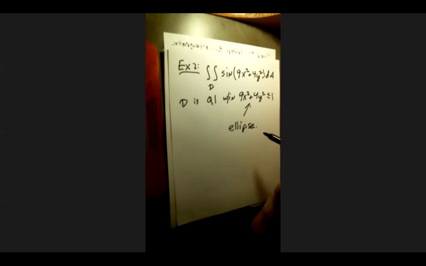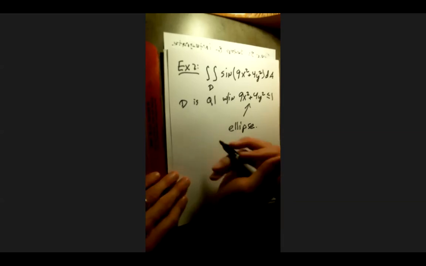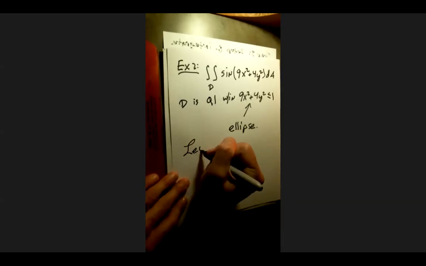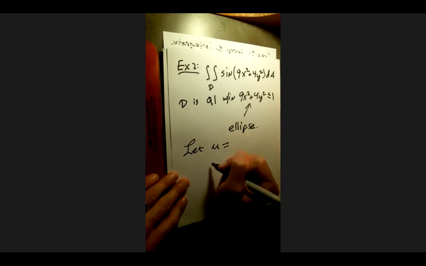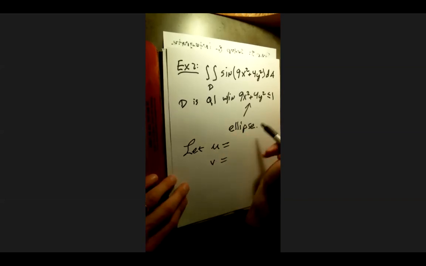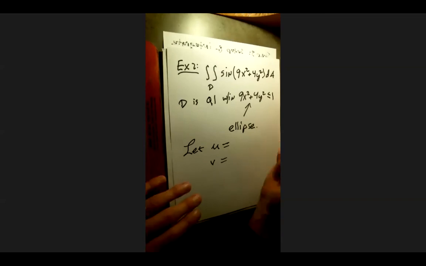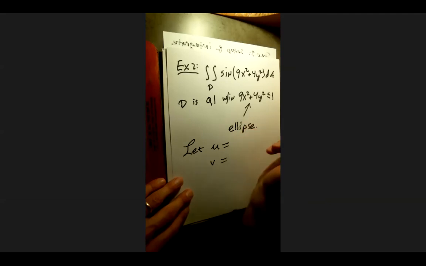So what might be a good substitution here? This is a messed up circle, so let's make it a circle. What kind of substitution can we do to make this a circle? If it was a circle, what would it look like?